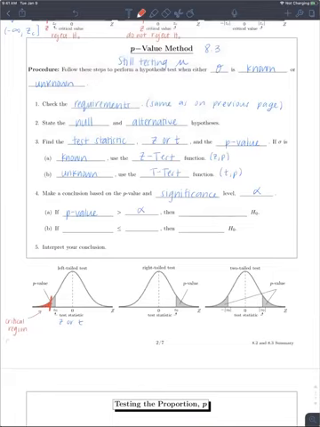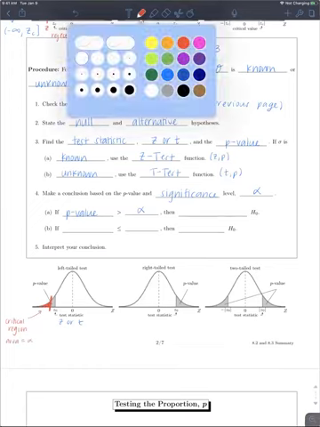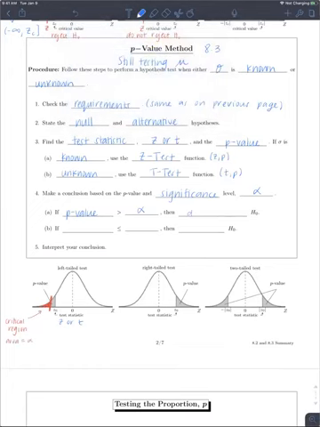So this is the critical region and the area is equal to alpha. And so here, if your p-value is greater than alpha, you do not reject. But if your p-value is less than or equal to alpha, so I'll do that on the right-tailed test, right?